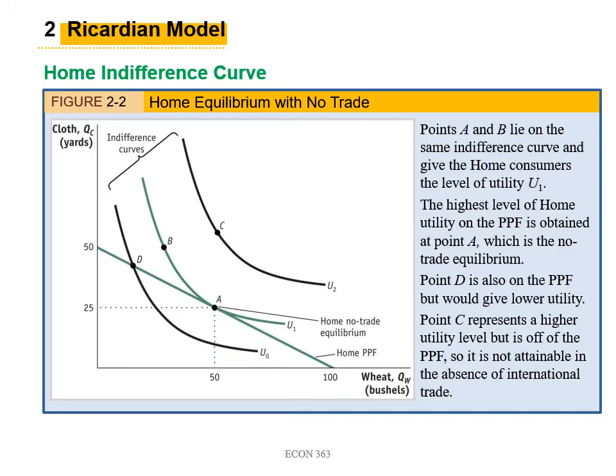So now we put the indifference curves and the production function together on the same diagram. Now, the production function is a single line because you have fixed numbers of workers and they're always fully employed. So your options are completely described by a straight line.